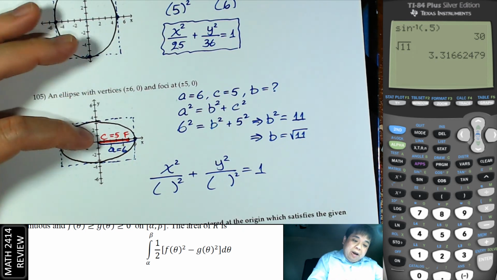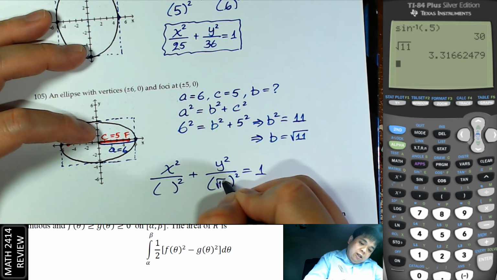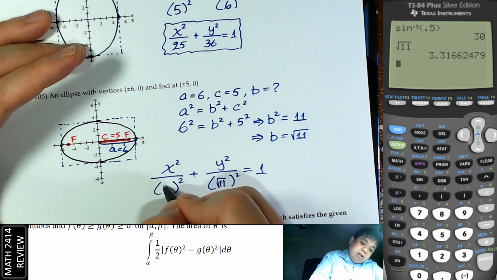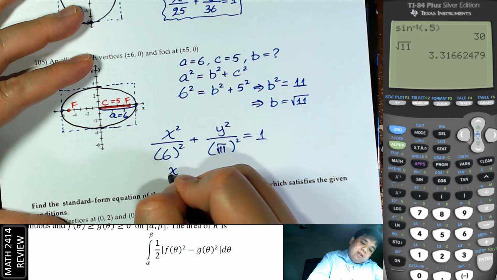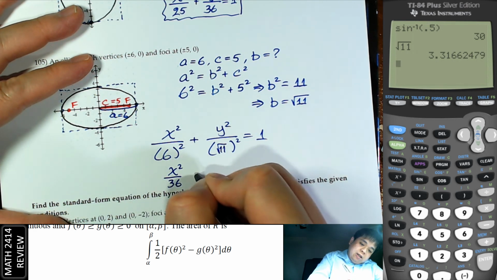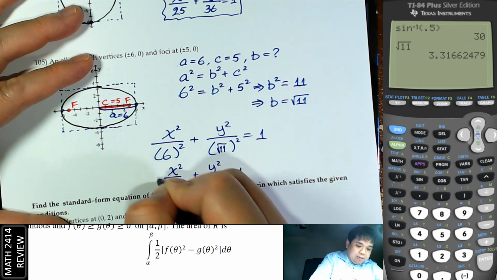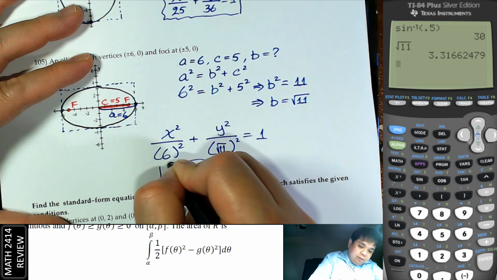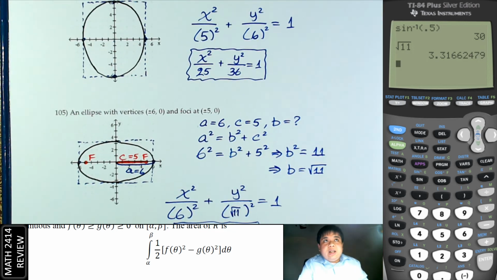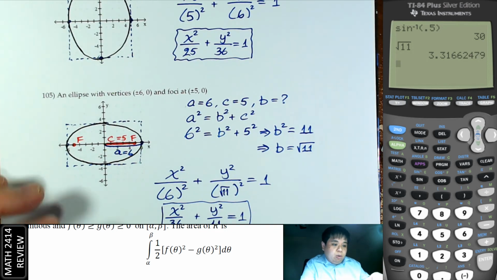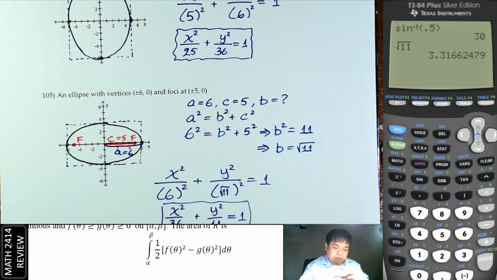And we go up and down square root of 11 unit, and we go left and right 6 unit. So that gives us x squared over 36 plus y squared over 11 equal to 1. Yeah, so it is important. For the ellipse, we know the box. The ellipse will fit inside a rectangular box like that.